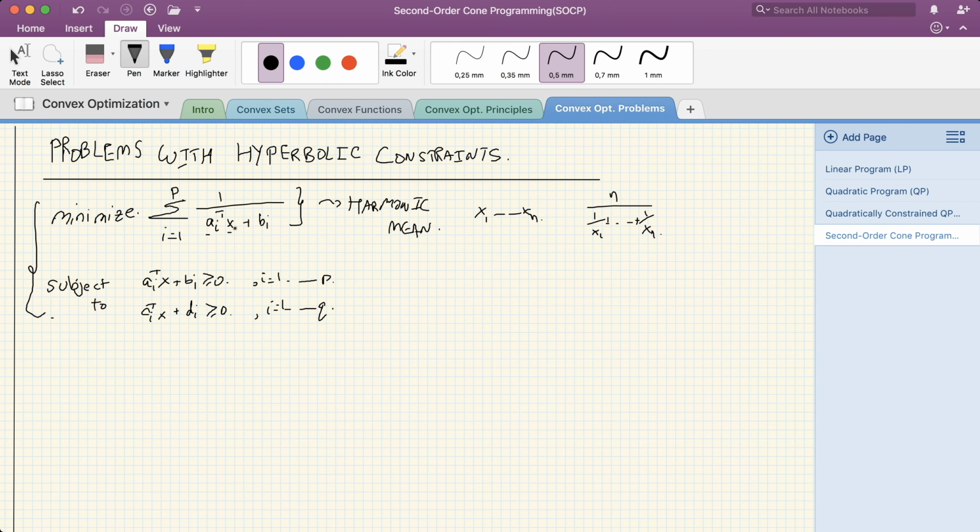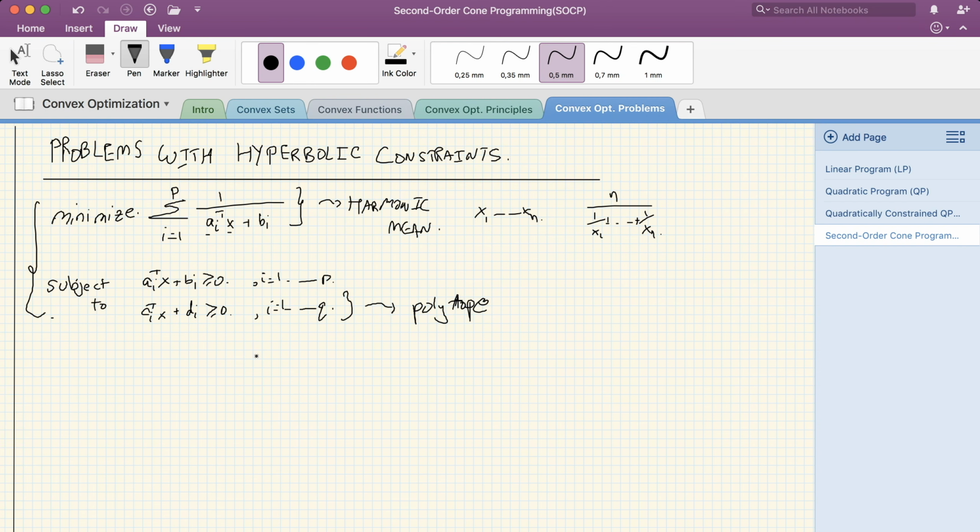So this is a harmonic mean of an affine transformation of x. And we've got a bunch of linear inequality constraints that will form a so-called polytope. So we're minimizing a harmonic mean of an affine transformation of x over a polytope.